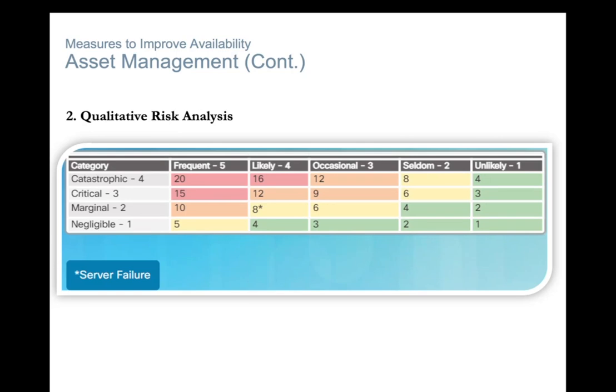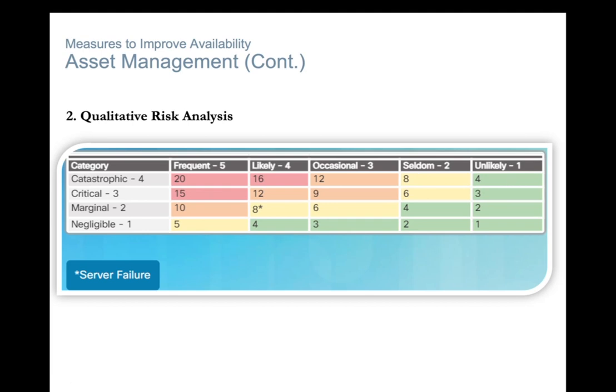The numbers used in the table do not directly relate to any aspects of the analysis. For example, a catastrophic impact of 4 in this table is not twice as bad as a marginal impact of 2, and likewise for frequent, likely, occasional, seldom or unlikely.